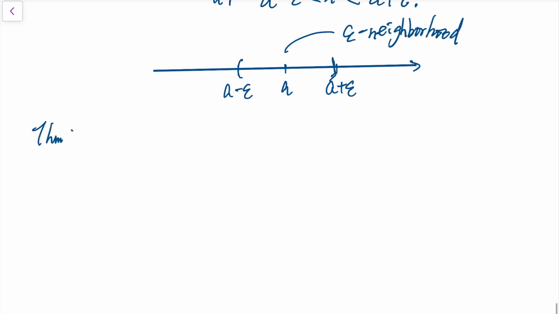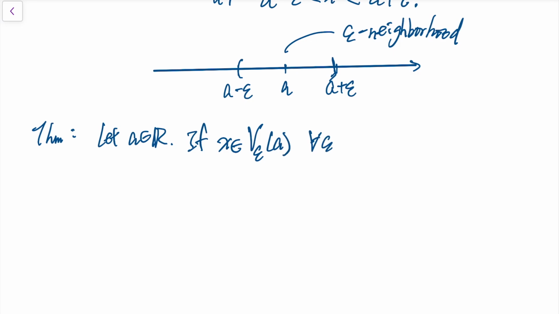Let's prove a theorem. Let A be a real number. If x belongs to the neighborhood V epsilon of A for all epsilon greater than 0, then x is equal to A. Proof.